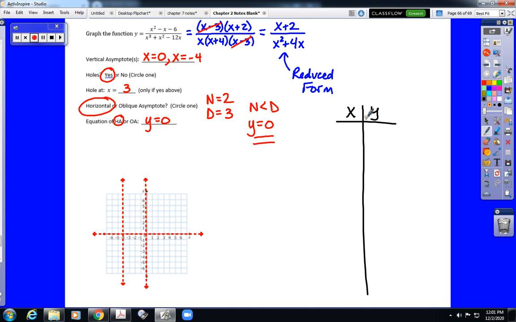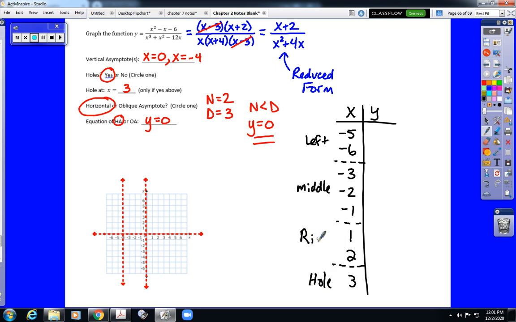From the left section, we're going to do -5 and -6. From the middle section, we're going to do -3, -2, and -1. And then from the right section, we are going to do 1 and 2. And we're also going to locate the hole by plugging in that value x equals 3 to the reduced form.